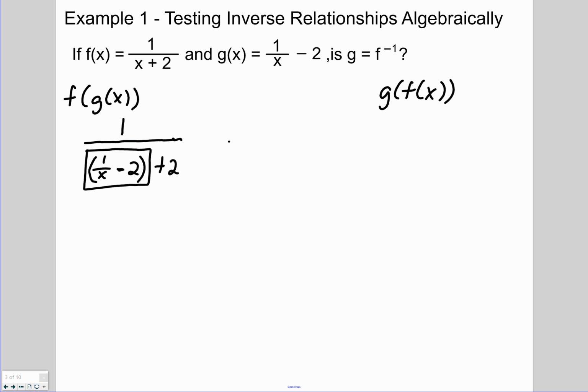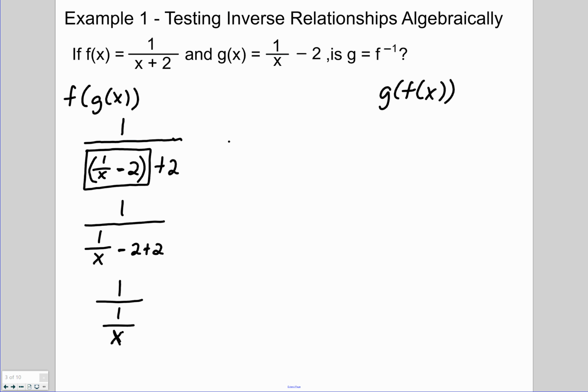Now, you'll notice we don't have anything in front of it. We don't have a constant in front, so we don't need to distribute. So we actually don't need the parentheses. And what Diana's brain has already seen is that when you take away the parentheses, minus 2 plus 2 becomes 0. It's gone. So it's just going to become 1 over, wait for it, 1 over x.